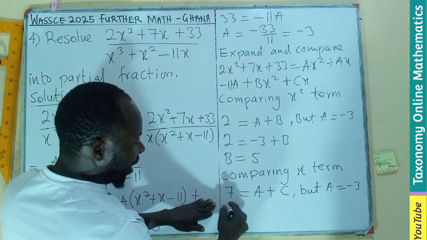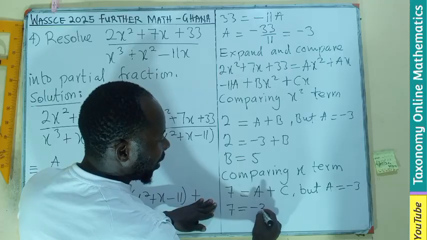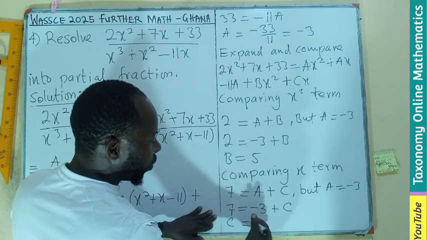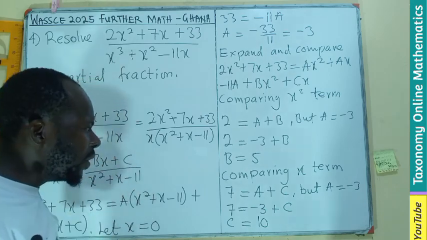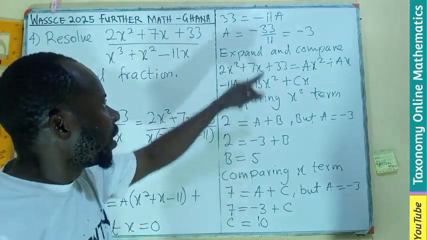I still have 7 equals −3 + C, making C equal to 10. So C is known, B is known, A is known.